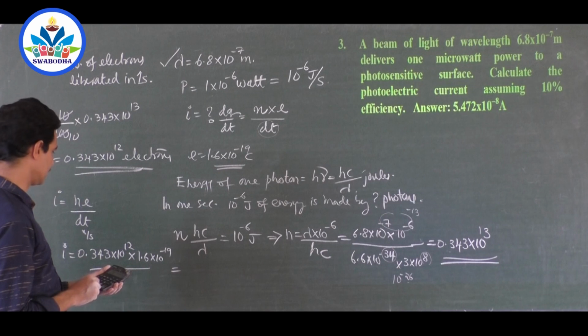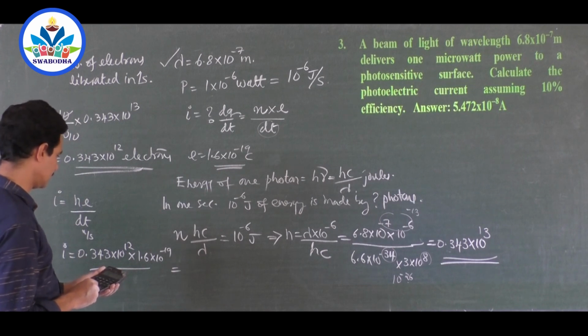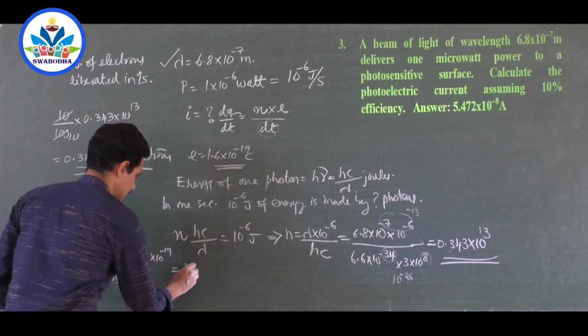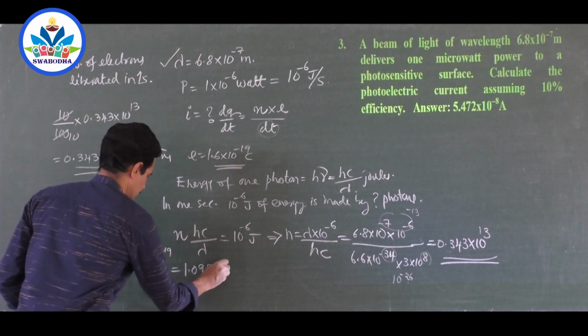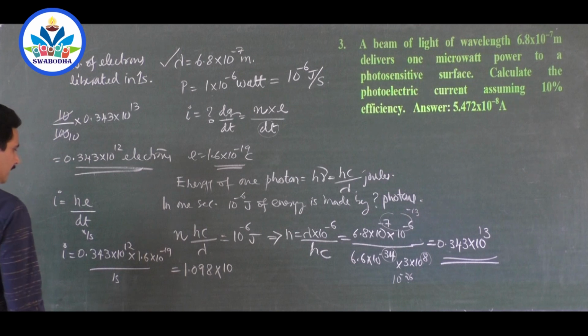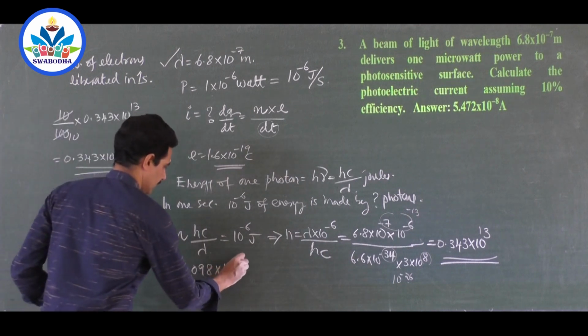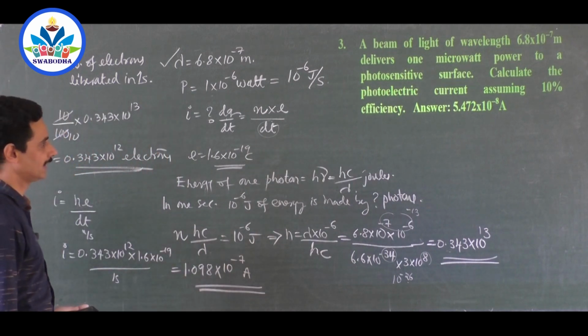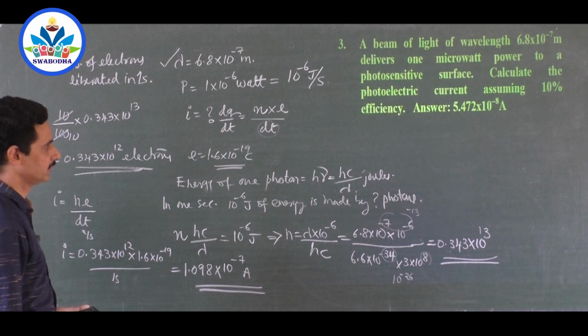Oh, you are not getting the answer. 0.343 into 1.6, 1.098 into 10 to the power minus 19 plus 12, minus 7 ampere, right? We are not getting 5.472, right?